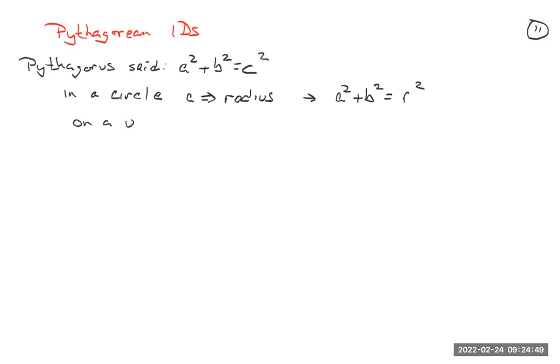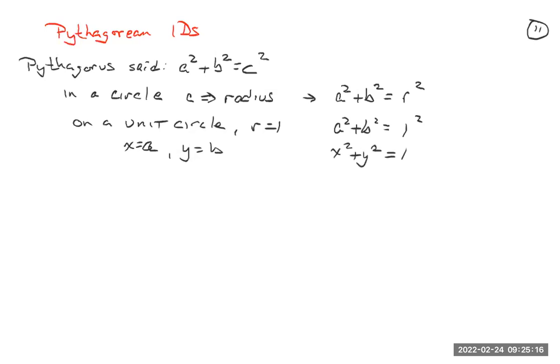On a unit circle, r is equal precisely to 1, and that gets us to a squared plus b squared is 1 squared. Also on a unit circle, x is replacing the a, y is replacing the b, and we now say x squared plus y squared is equal to 1, and that's a circle, right? It has a radius of 1, and it's centered on the origin.